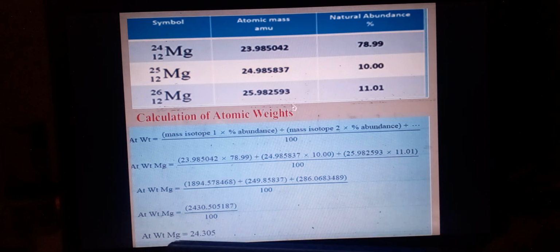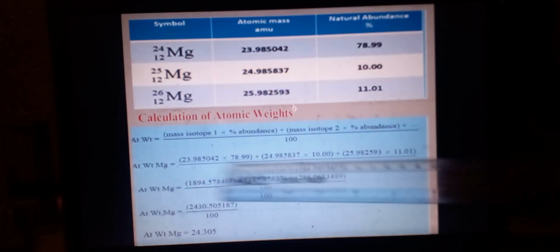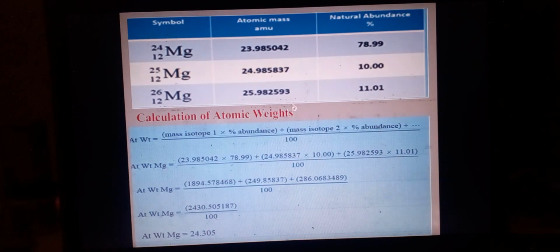The atomic weight of magnesium is 24.305. So basically that is how you can work out the relative atomic mass of any given element. We want to proceed and look at other examples.